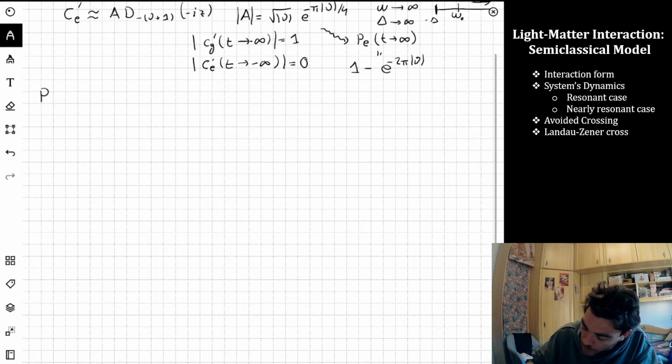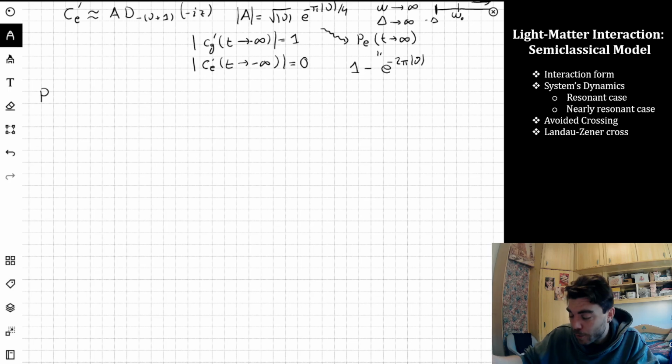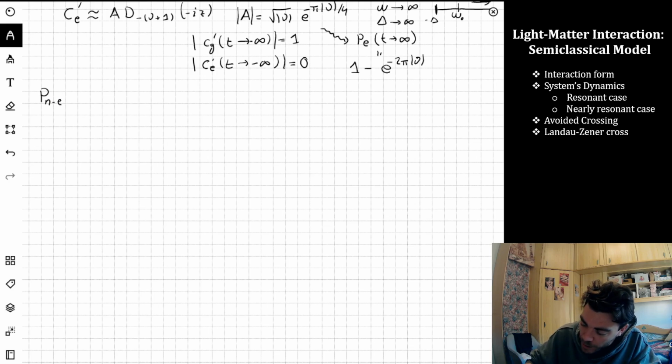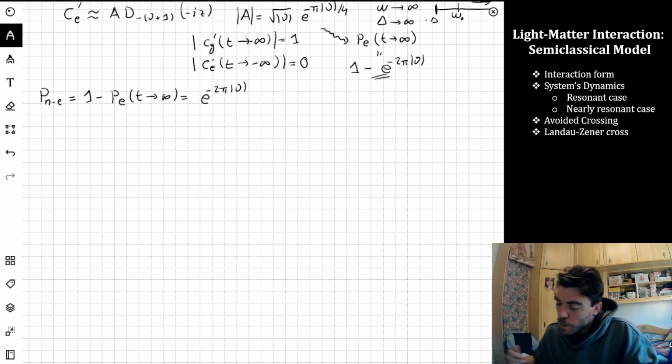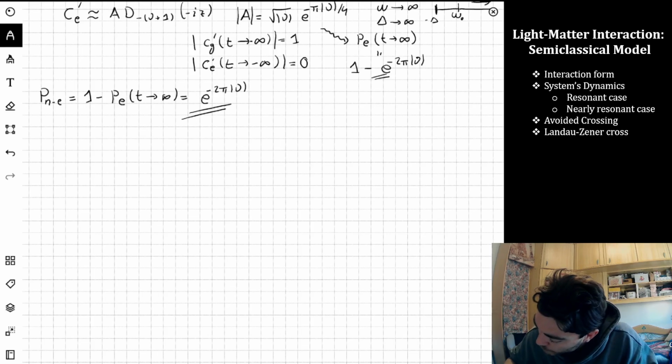The probability of not being in the excited state after this sweeping of the frequency is 1 minus the probability of being in the excited state when t goes to plus infinity, which we just wrote down here, so it's exactly e to the minus 2 pi nu. It's exactly this. And this is the result of Landau and Zener.